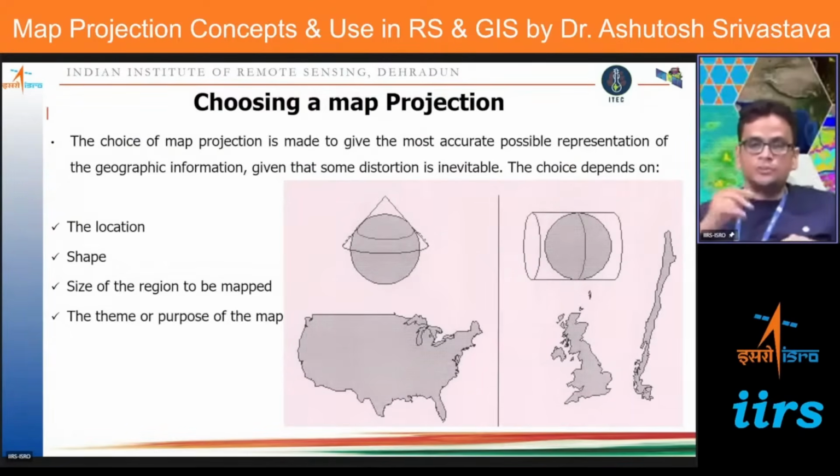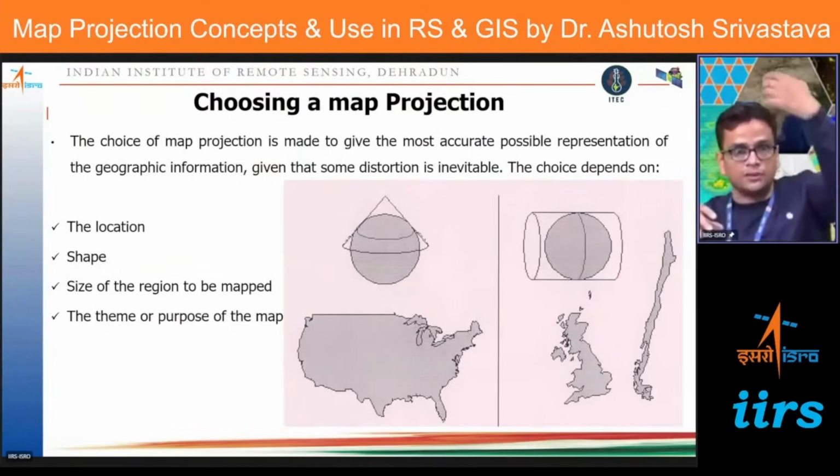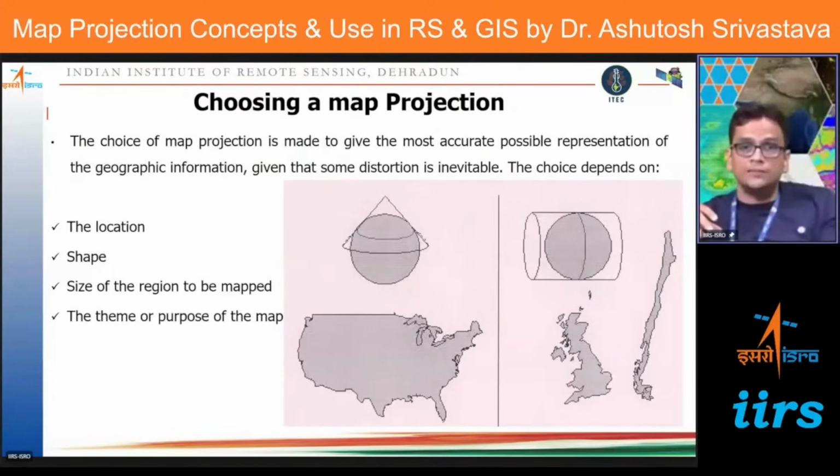polysurface, polyconic projections, and in that also we can preserve the area, we can preserve the shape or other things. Apart from that, we can put the cylinder in a horizontal way, or in the vertical way. So a lot of combinations can be there, different map projections can exist.